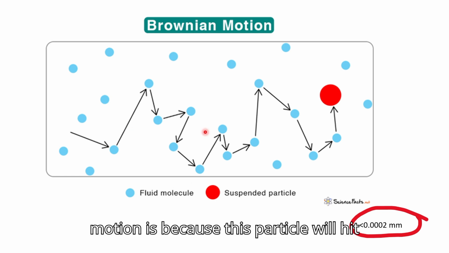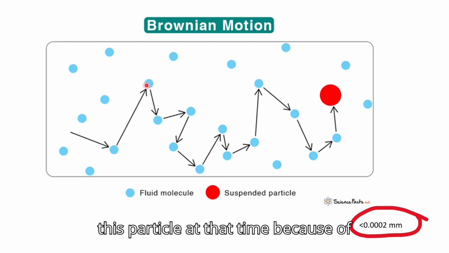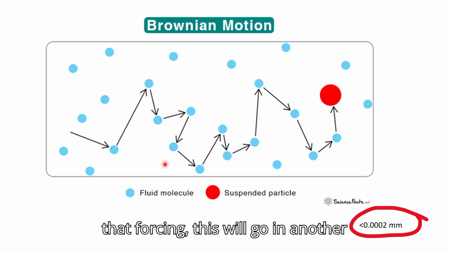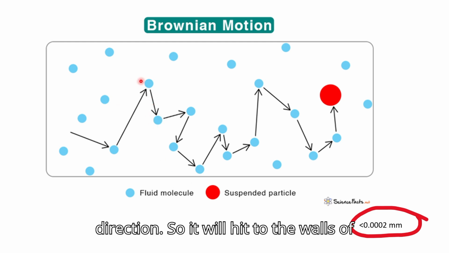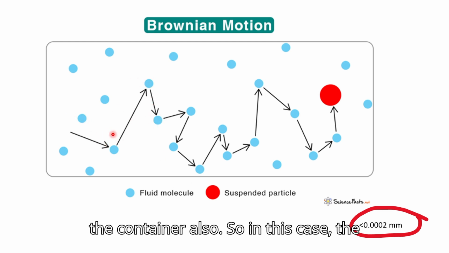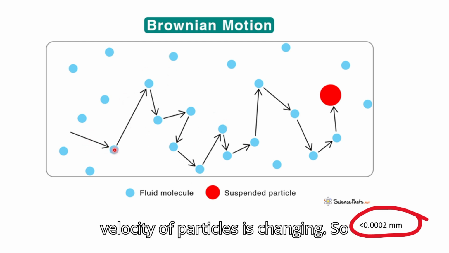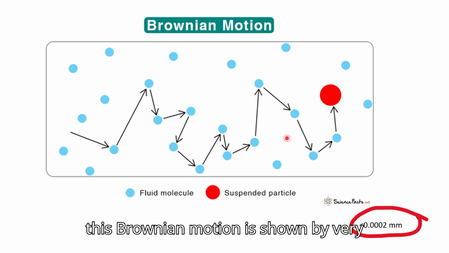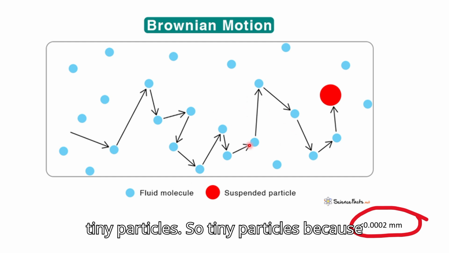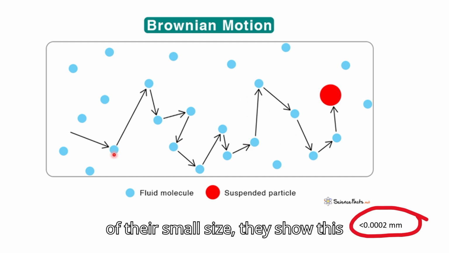This motion is because this particle is hit by other particles, and because of that force it goes in another direction. It will also hit the walls of the container. So the velocity of the particle is changing. This Brownian motion is shown by very tiny particles, because of their small size.